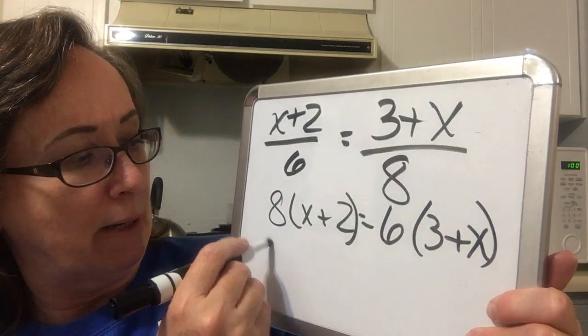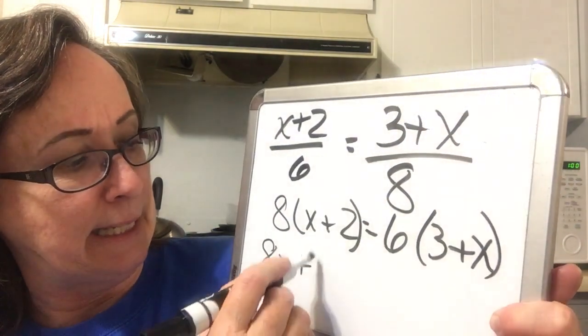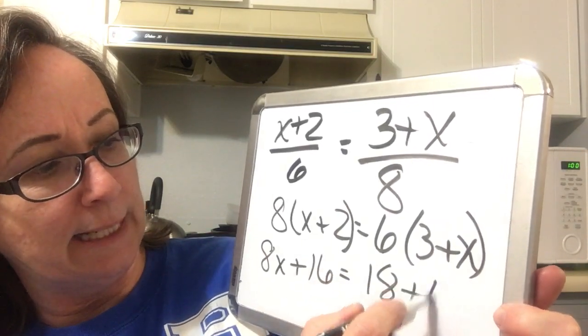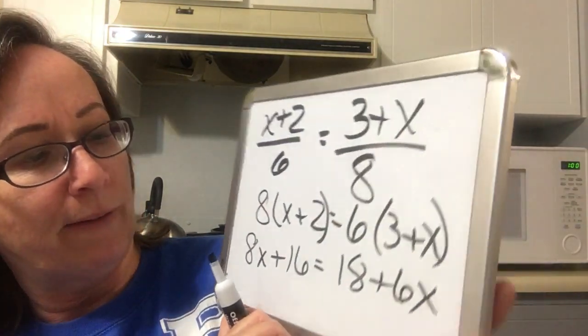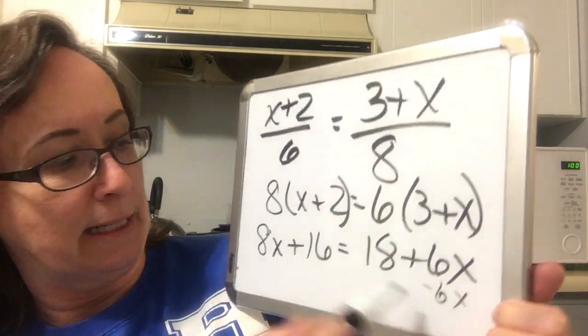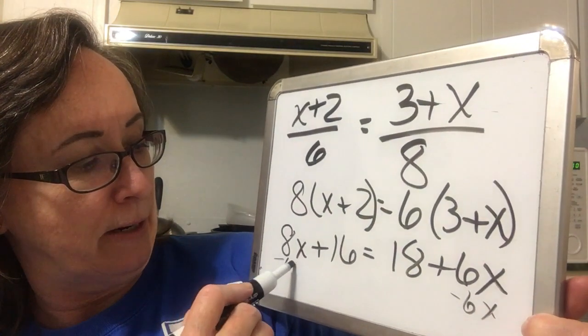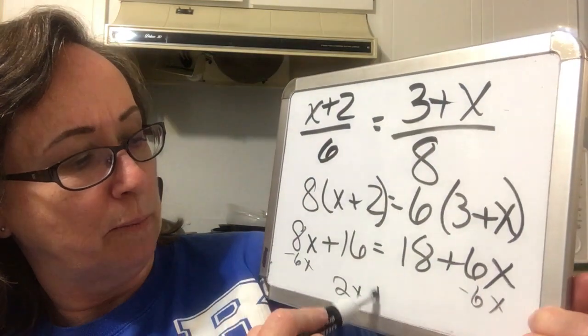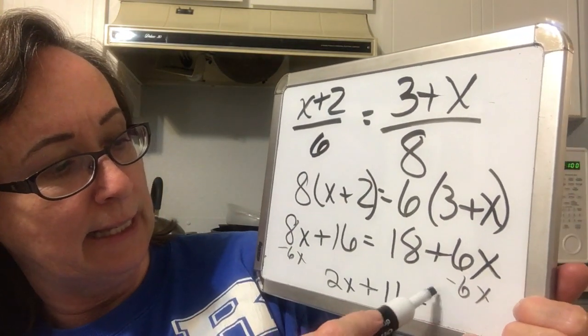So when I distribute, I get 8x plus 16 is equal to 18 plus 6x. If I get my x's on the left, I subtract a 6x and I subtract a 6x over here. So I'm going to get a 2x plus 16 is 18.